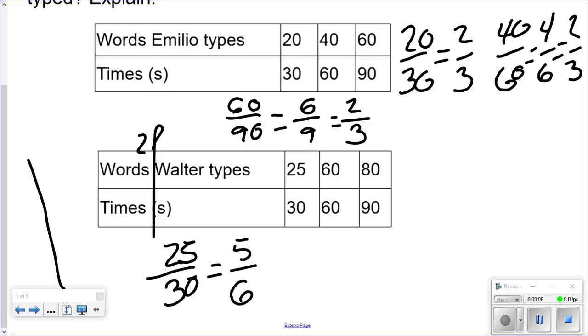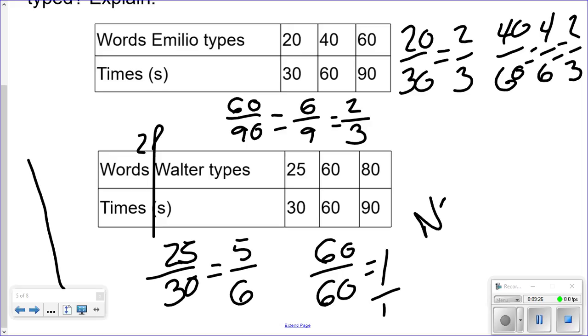So I should get a unit rate of 5/6. 60 over 60 is going to equal 1, or 1 over 1. 5/6 does not equal 1 over 1. Therefore, Walter's words to seconds is non-proportional because they do not have the same unit rate.